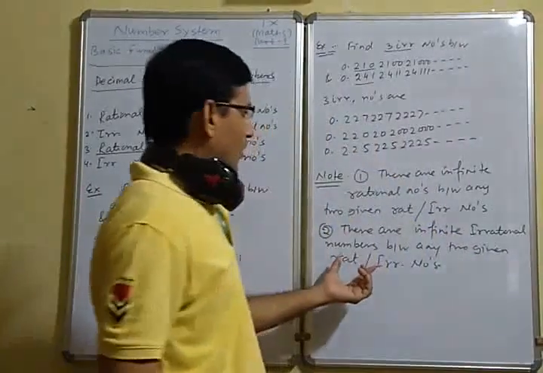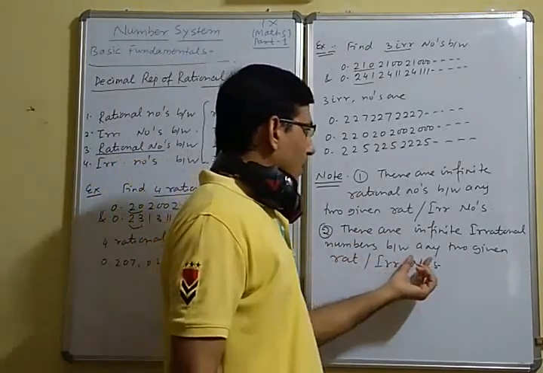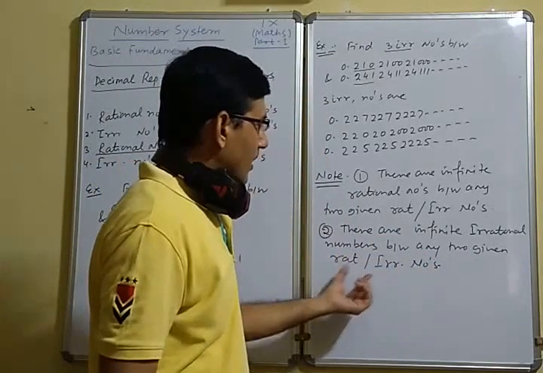So we also have infinite irrational numbers between any two given irrational numbers.